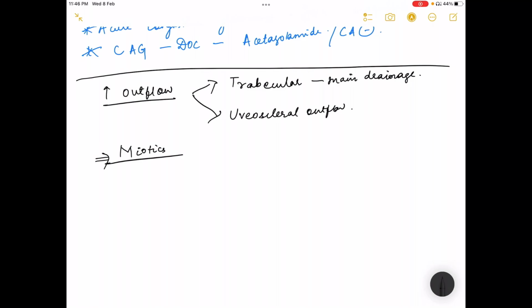So what are these miotics? This can be pilocarpine, physostigmine, echothiophate, and another is a Rho kinase inhibitor.